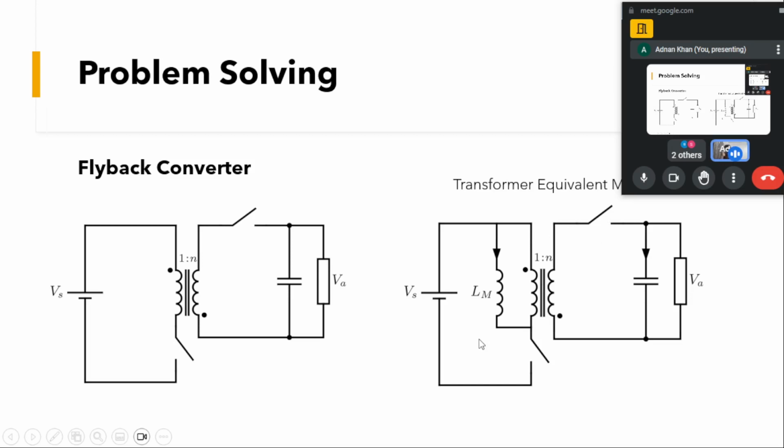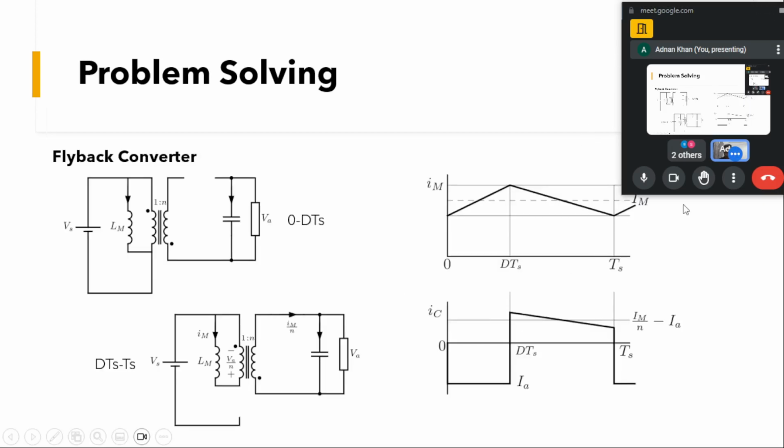So we'll have two intervals: when we turn on this device, and for the other half when we turn off this device, and the diode will be turned on. Just a minute, I'll lower this diagram a bit.